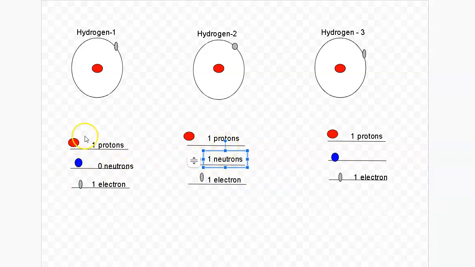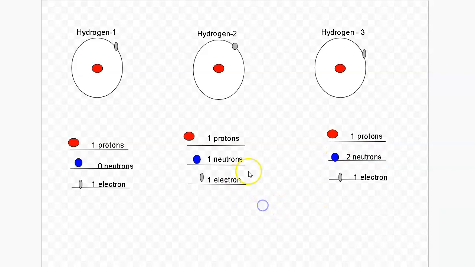Now, this is the only time that you'll have no neutrons, and that's what makes hydrogen very unique but very essential. And then we have 3 minus 1 equals 2. Do you guys see that? So 2 plus 1 equals 3.